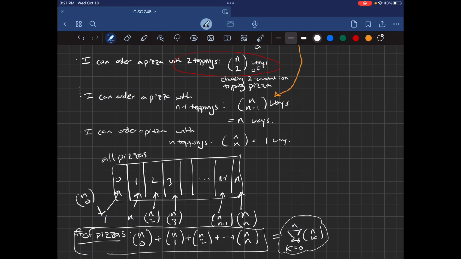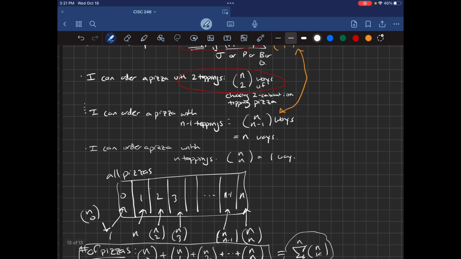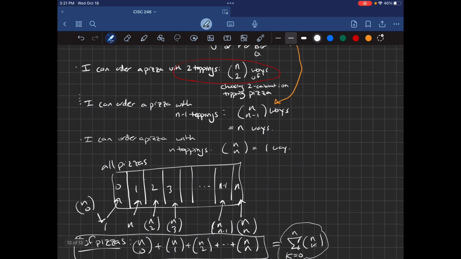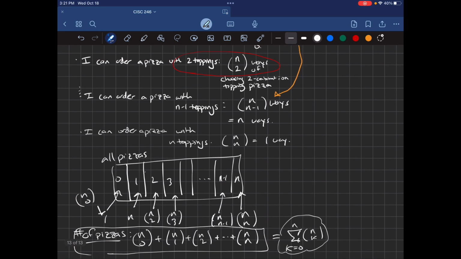So what did we just show? We just showed that there are 2 ways of counting all the pizzas. There is partitioning it and saying this way, where I count 0, 1, 2, 3, 4, n toppings. And that is this summation right here.